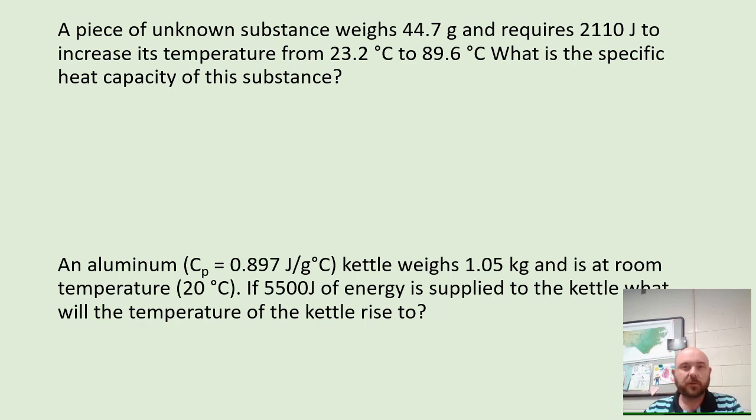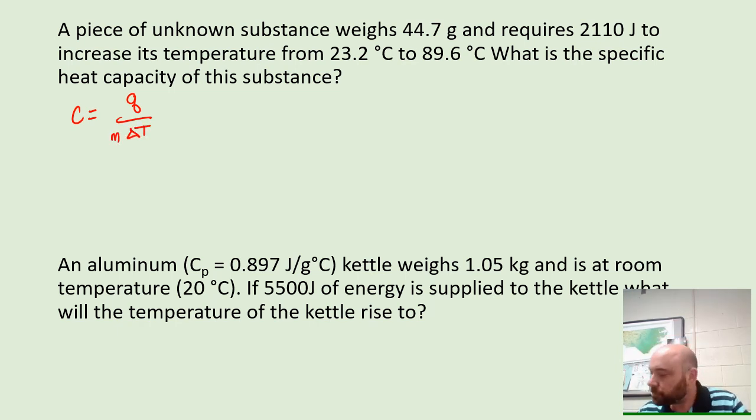So we saw the rearranged formula just a few minutes ago, and we saw it back on one of the first versions of the slides. So we will continue with that, the rearranged version that says the heat capacity, C, is equal to the amount of heat required for the temperature change divided by the mass of the object times the change in temperature.